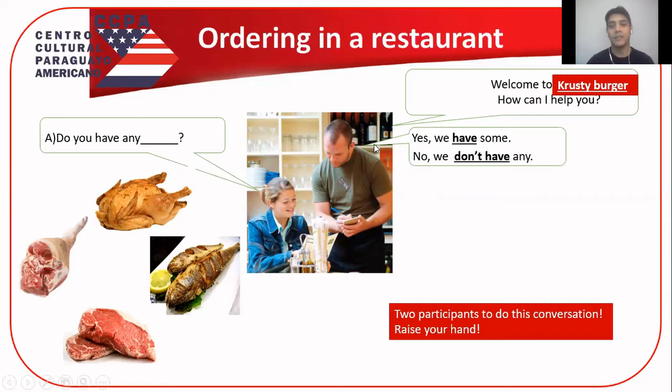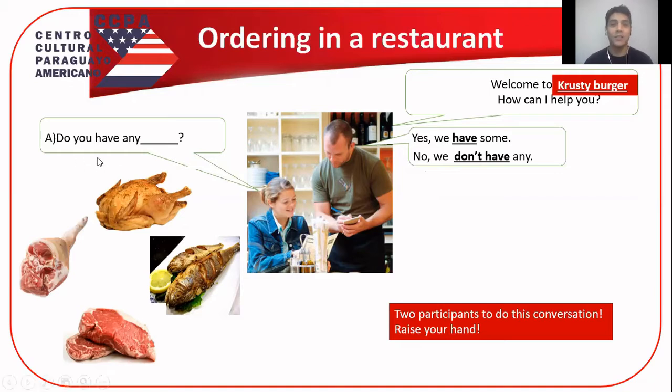And the waiter can say, yes, we have some. Or no, we don't have any. So let's try to do this conversation. Just imitate me, or you can do it with your friends, like video call them, right? And practice. The more you practice, you will be able to say it automatically.